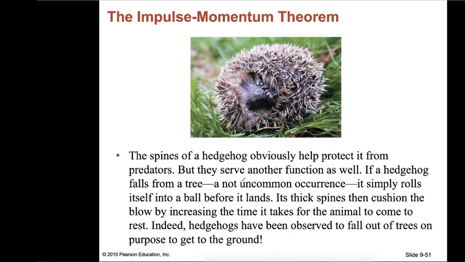The same thing for the hedgehog. When a hedgehog falls from a tree, it simply rolls itself into a ball before it lands. The spines cushion the blow by increasing the duration time. Then the average force to stop the hedgehog becomes smaller.